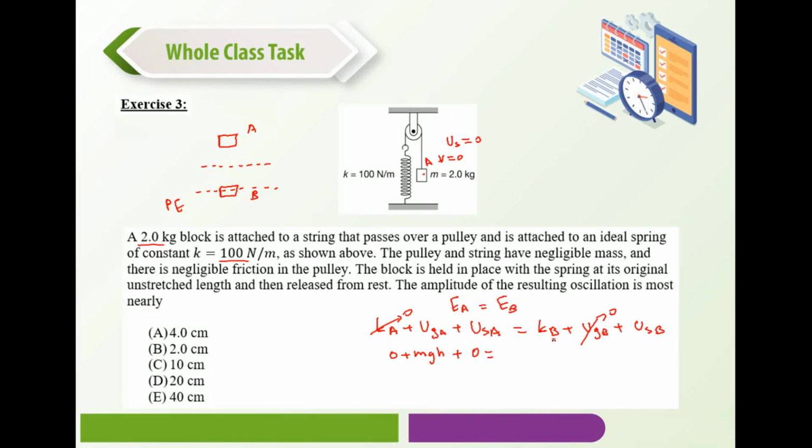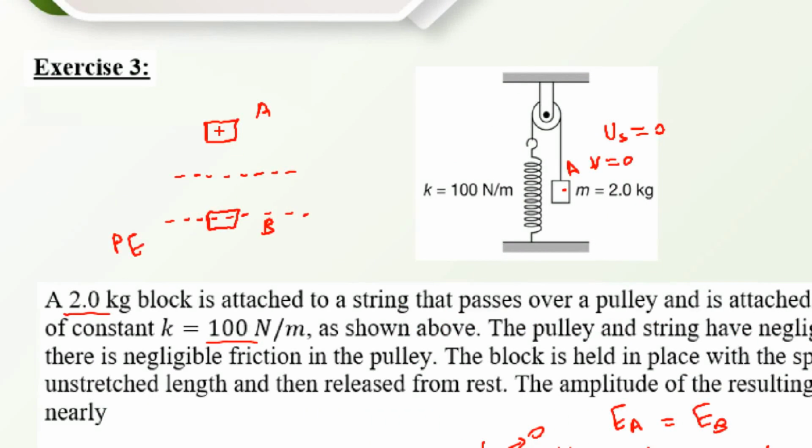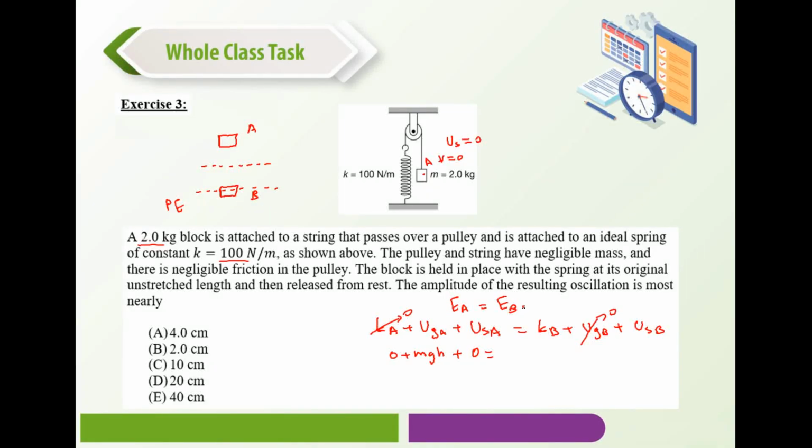Now at the point B, when it reaches the other extreme position, the block will change direction and go up. So the speed at this point will momentarily vanish because it's an extreme position, so that would be 0 as well, plus the elastic potential energy stored in the spring, which is half kx squared.